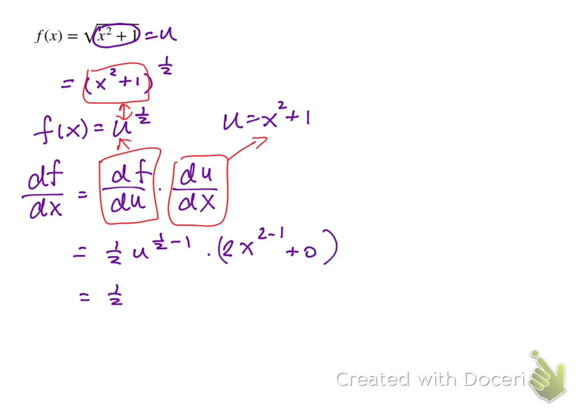So I'm having 1/2 u to the negative 1/2 times 2x. And I'm giving u back as what it really is, (x squared plus 1) to the negative 1/2 times 2x.